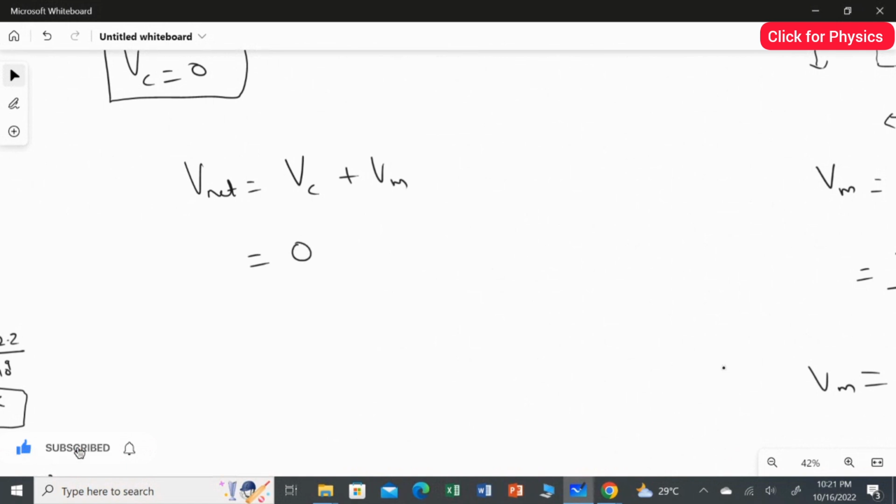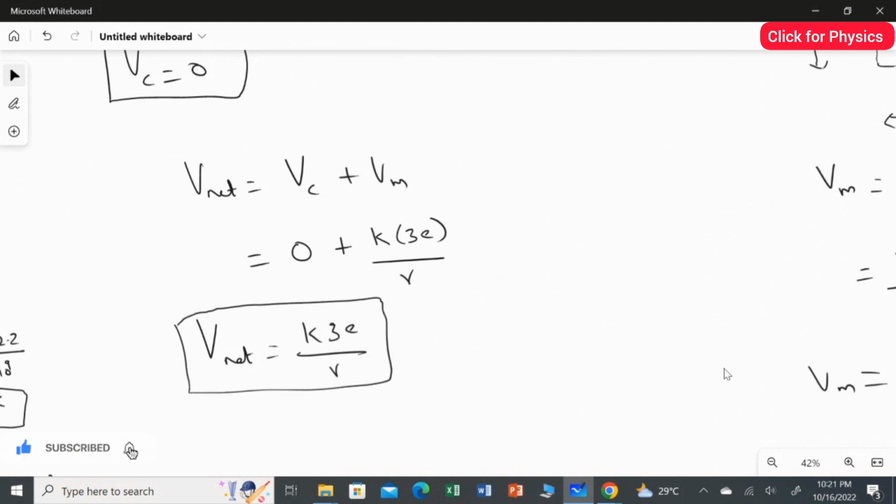The corner charge potential is 0 and the middle charge potential is K multiplied by 3E over R. So the net potential here is K multiplied by 3E over R. Understand?